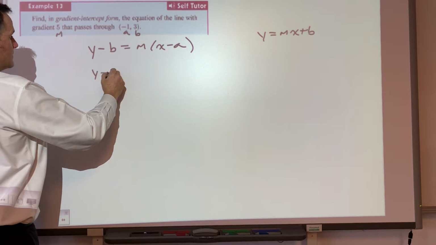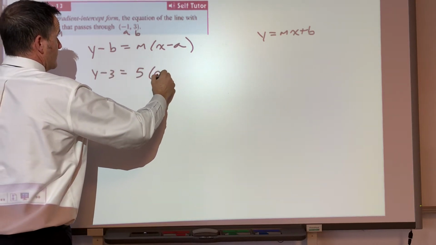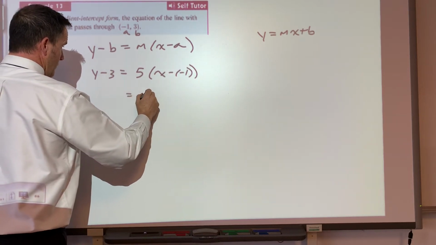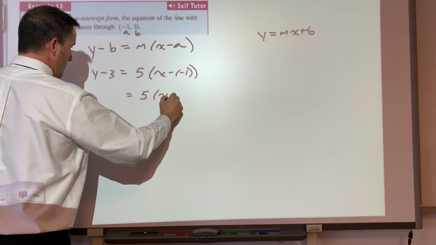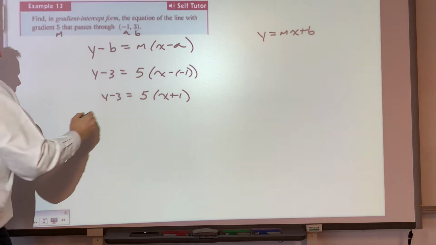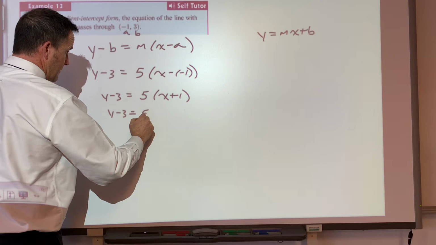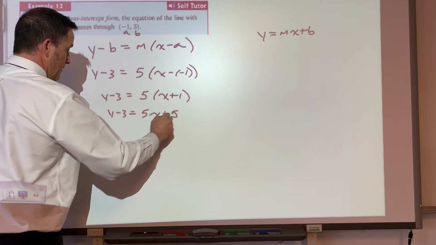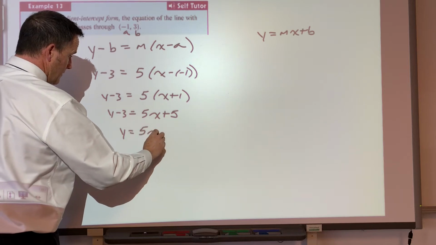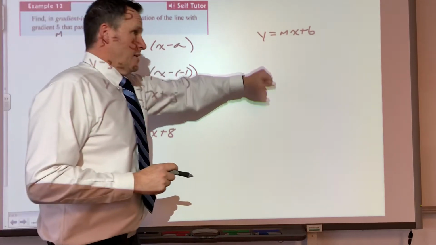So y minus 3 equals 5 times x minus -1, which is 5 times x plus 1. Algebra, get rid of the brackets, so I got y minus 3 equals 5x plus 5. Add 3 to both sides, y equals 5x plus 8. Now I'm in y equals mx plus b.